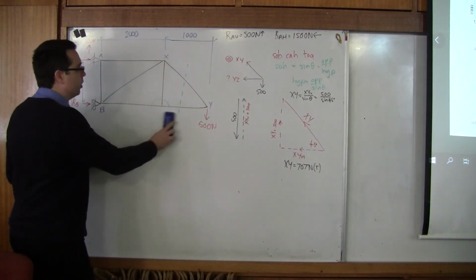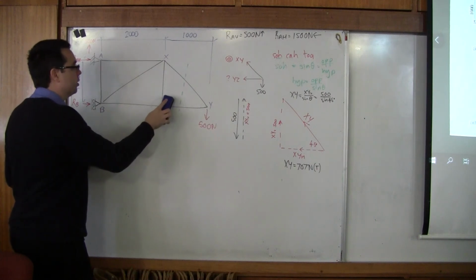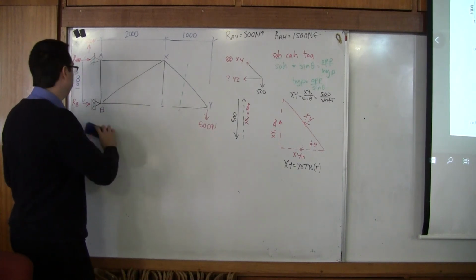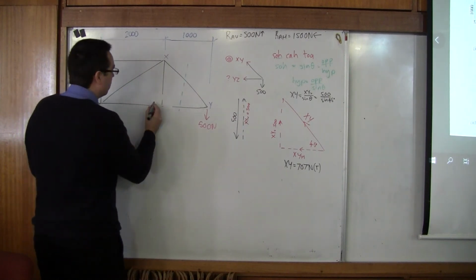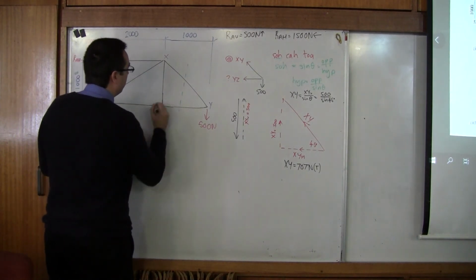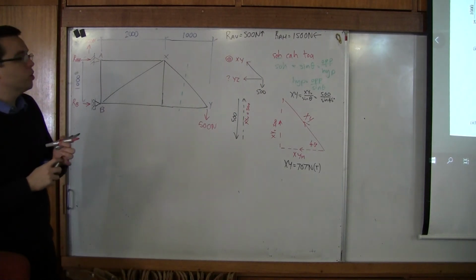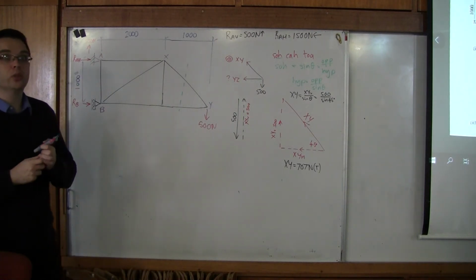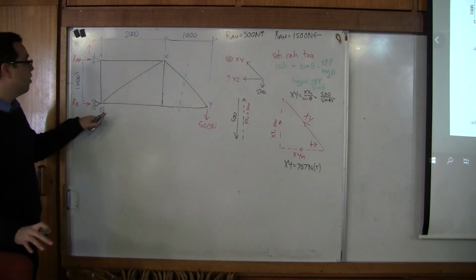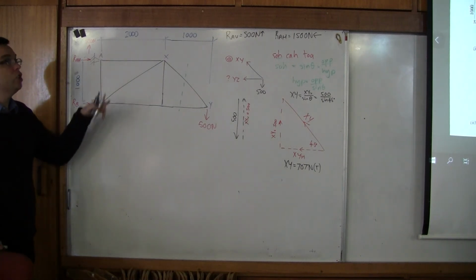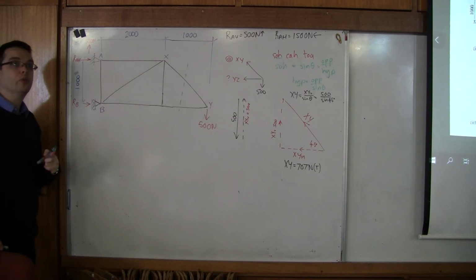Now there is more that we could do for this question. If we really wanted to suck this question of all value, we could find our reaction B, but we saw that we didn't need to. Alternatively, if you really wanted to test out your skills, you could find reaction B and then check that the sum of all your forces horizontally matches your expectation.